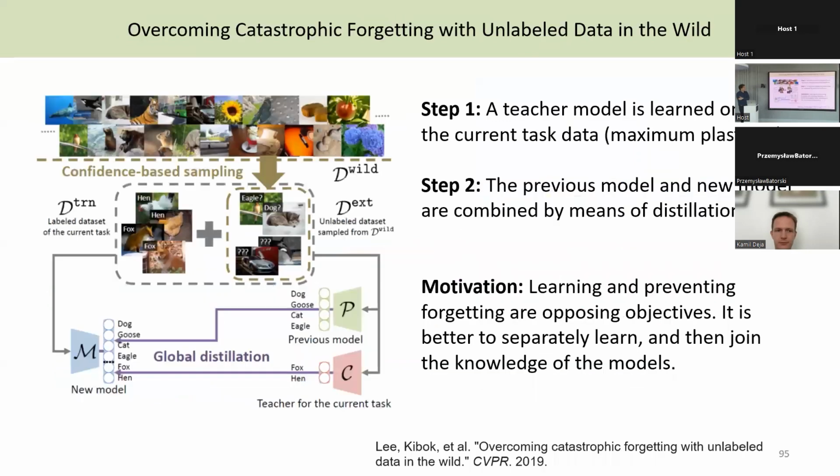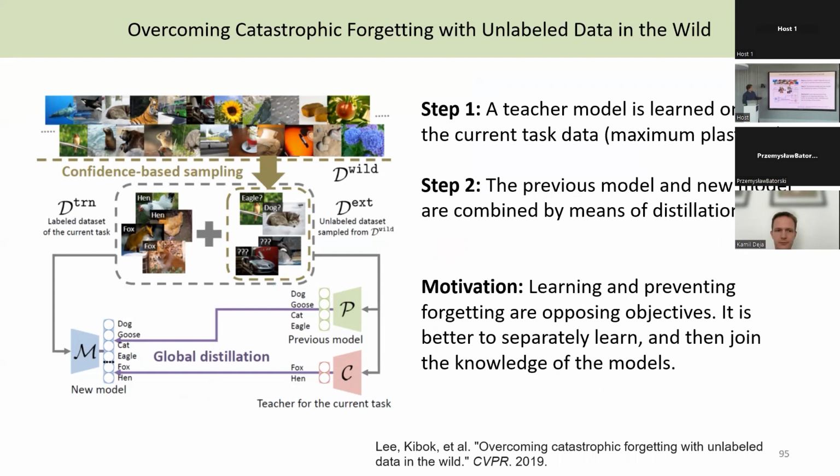And what is this global distillation method doing? In some sense, it's a multi-agent approach. It has a specialized expert, which only focuses on learning the new task. That's the first step. In the second step, it distills the information of the previous network, which has all the knowledge, together with this new expert.